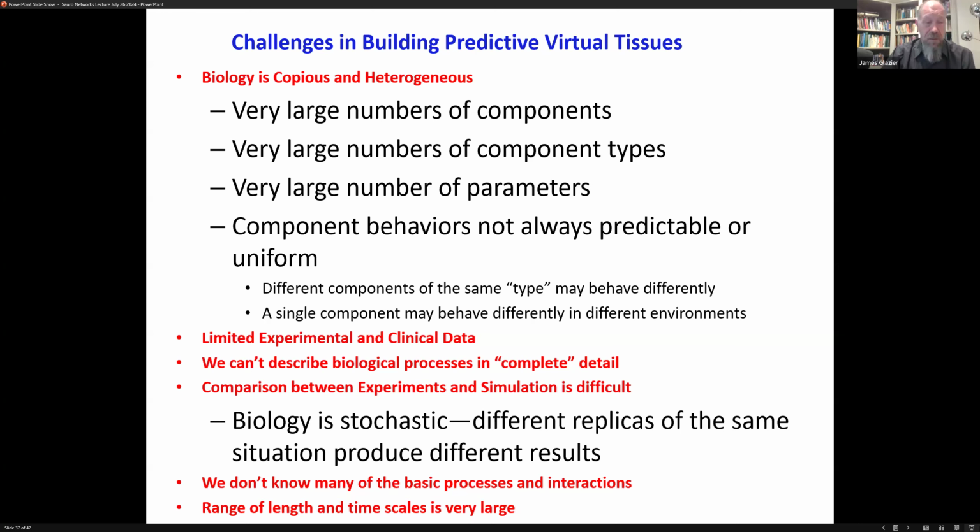There are lots of individual components. You have lots of cells and tissues. We can't model all the cells in a tissue. Maybe in a cubic millimeter, we can model all the cells. There are a lot of parameters in the models, and we can't always measure those in experiments. And so there are a lot of difficulties building these kinds of complex models.